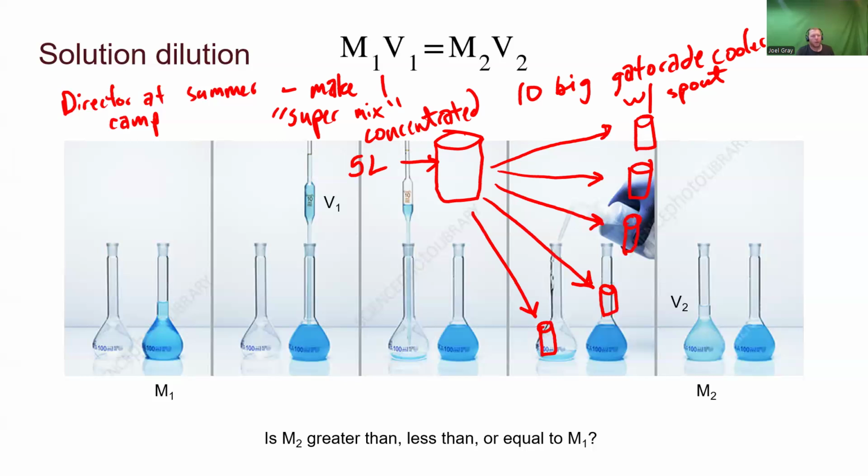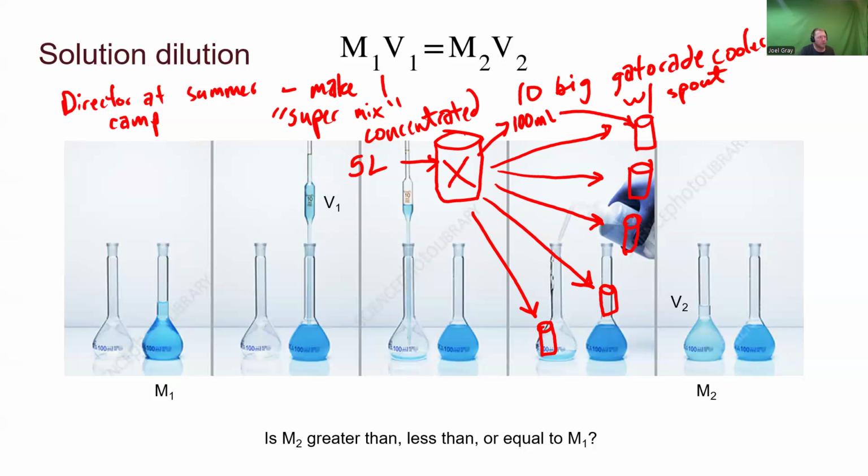Okay. Now, this equation right here, M1V1 equals M2V2, also known as C1V1 equals C2V2, gives you the guidance on what to do. So let's say that we've got 5 liters in here, and let's say that we take 100 milliliters and put it in this first cooler.